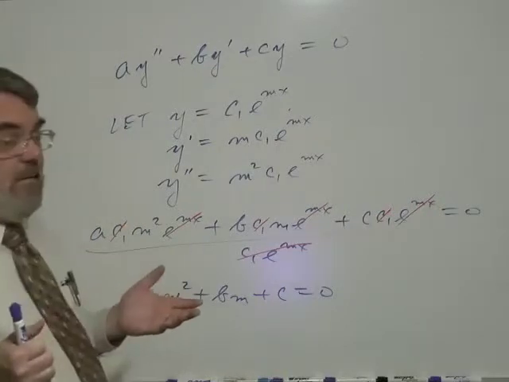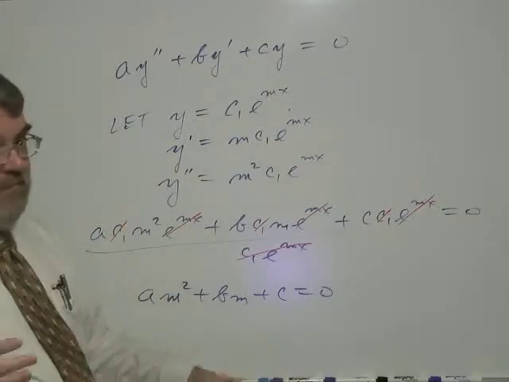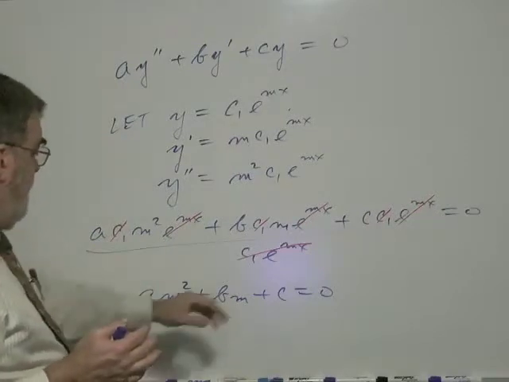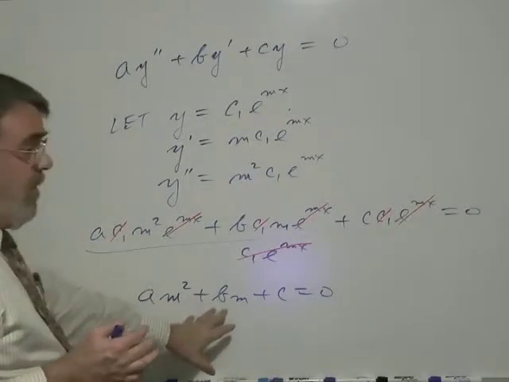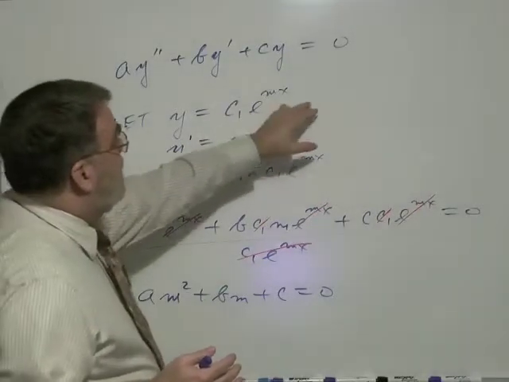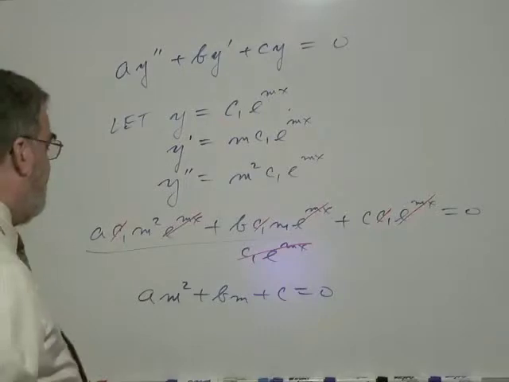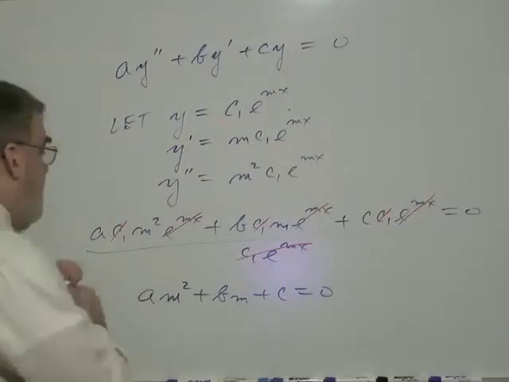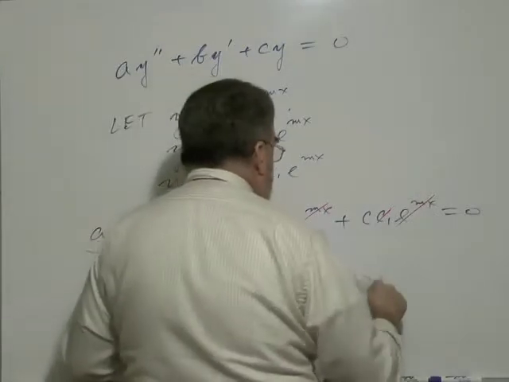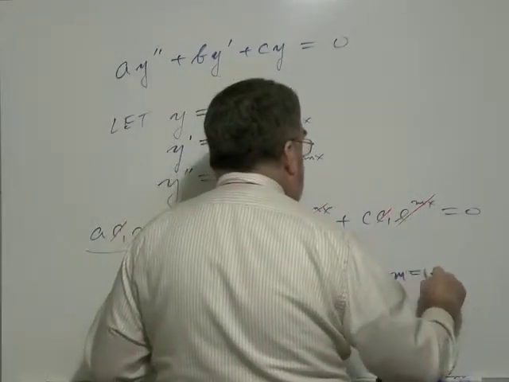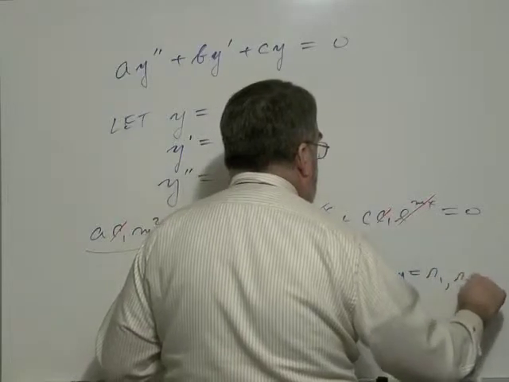Now, the neat thing about this is when I solve this, most of the time I'm going to get two answers, because it's a quadratic. And so really our answer is going to be a sum of two terms with different values. Now let's suppose that we went ahead and solved, and this led to finding two roots, m equal to root 1 and root 2.